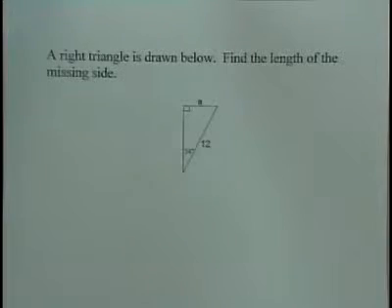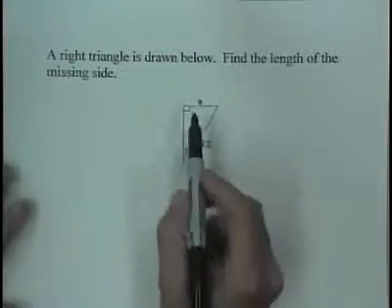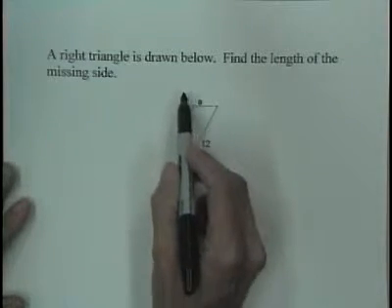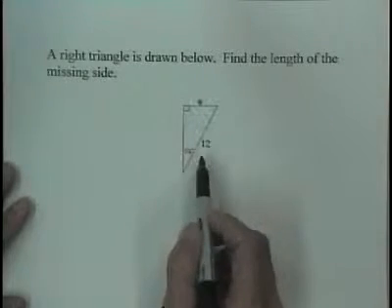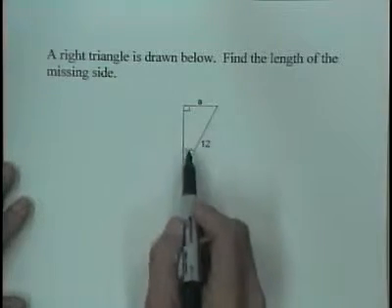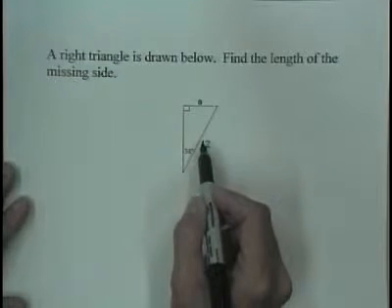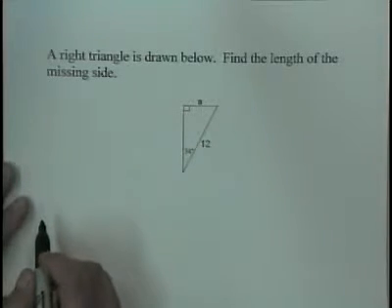A right triangle is drawn below. What we want to do is find the length of the missing side, and the missing side is here, labeled A. Well, the pieces that are available to work with in my triangle are an angle, the side opposite, and the hypotenuse in the triangle.